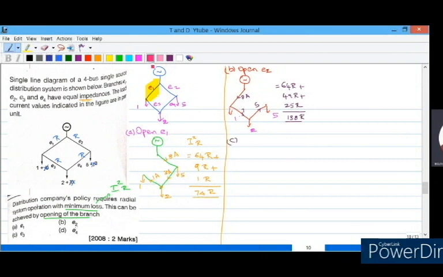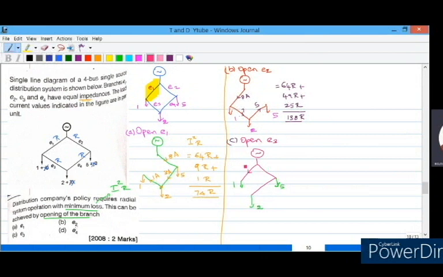Now next option, let's open branch E3. So the circuit becomes in this way, and mark all the load currents. It is 1, it is 2, and here it is 5. Now let's find the branch current.